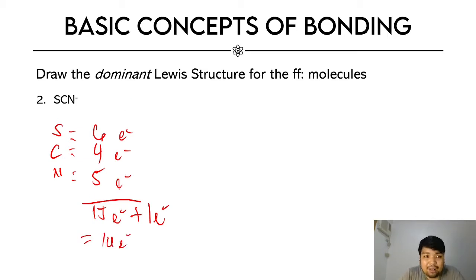Then we identify the central atom. Since this molecule is made up of 3 different elements, all of which contain one atom of the element in the molecule, paano natin malalaman kung sino yung central atom?